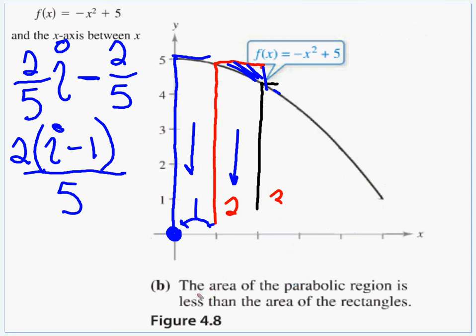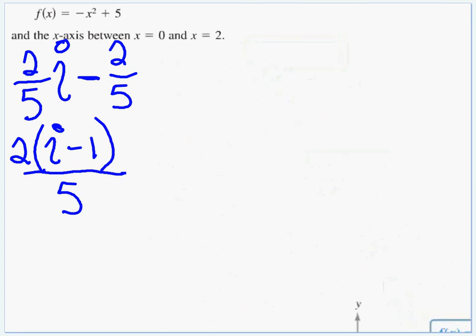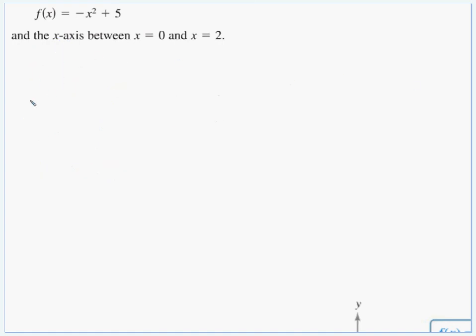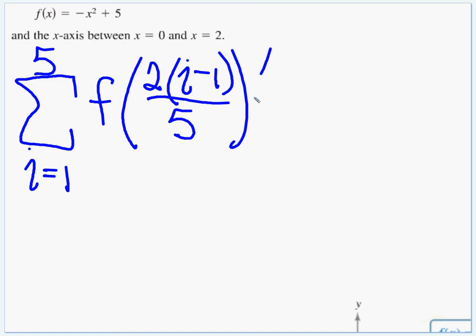Now, let's set this up algebraically, but then I will show you how to solve this on the TI-89. We would have the summation from I equals the first rectangle to the 5th of f of 2 times quantity I minus 1 all over 5, times 2/5.